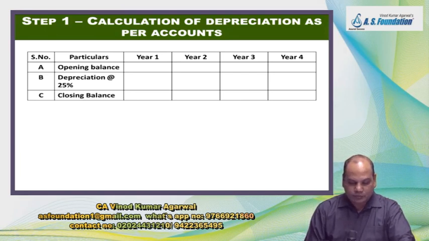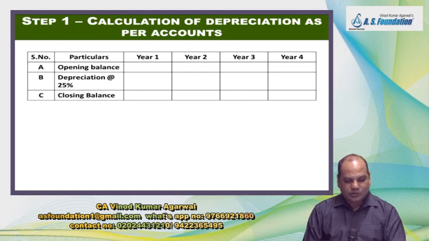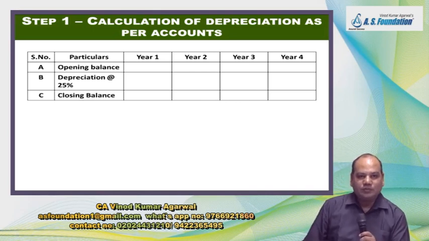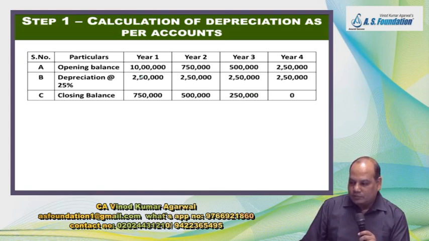Opening balance, depreciation at 25% SLM means every year 2,50,000, and closing balance. Write neatly because when you revise it becomes easy. For answers you write in the notebook, give reference of your notebook number and page number.